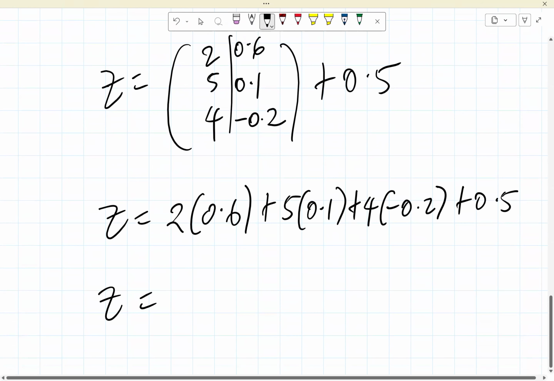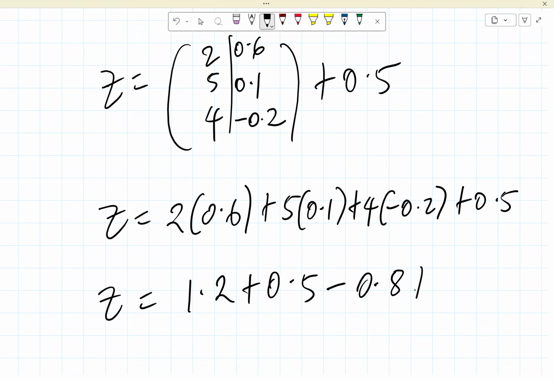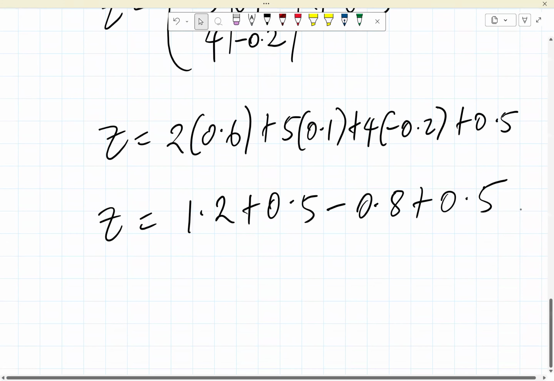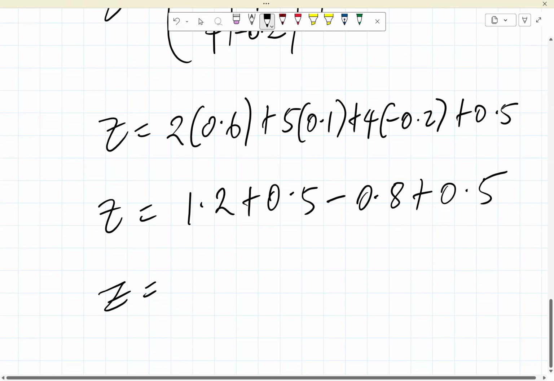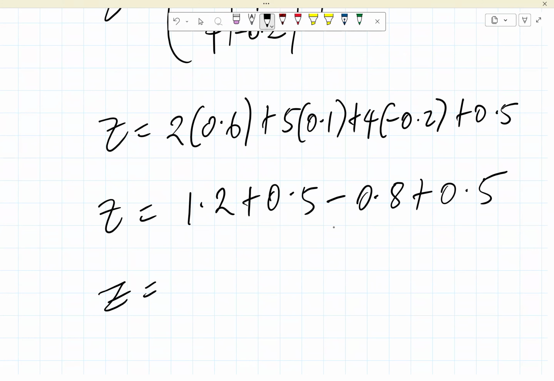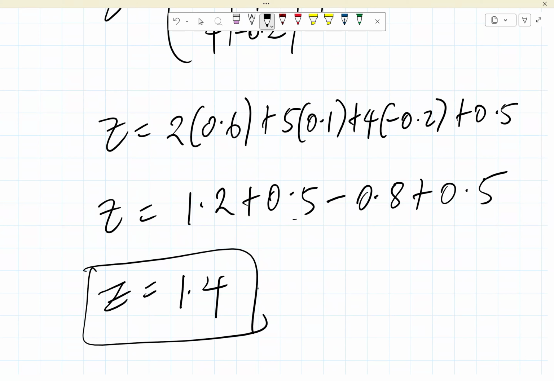So Z now is equal to 1.2 plus 0.5 minus 0.8 plus 0.5. That is 1.7, minus 0.8 is 0.9, plus 0.5 is 1.4. So Z is 1.4. This is the weighted sum that we are expected to compute.